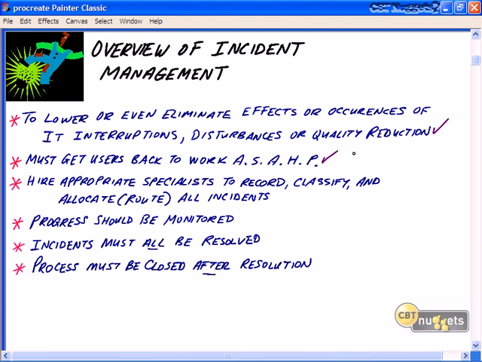This means your incident manager and his team needs to hire the appropriate specialists, the appropriate people with IT expertise, to record, classify, and allocate or route to escalated tiers all of the incidents that occur. All along the way, the progress of incident management needs to be monitored. All the incidents must be resolved, and once they're resolved, the process should be officially closed with accompanying documentation.